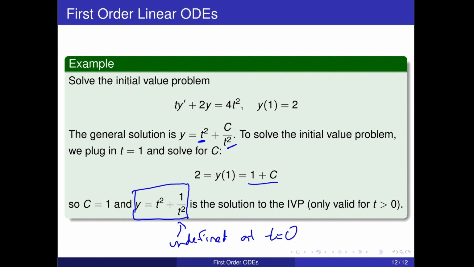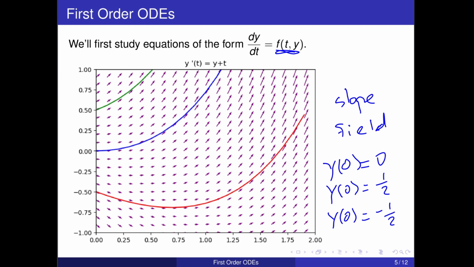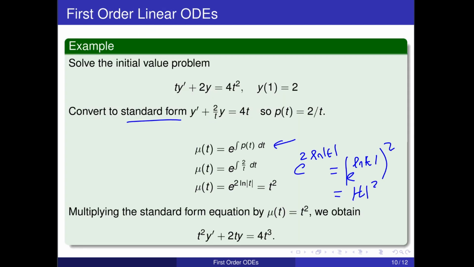And we want a connected domain because of this whole idea back with the slope fields here. The information we're getting from this differential equation comes from us sort of following along these arrows. But if you go to a vertical asymptote off into infinity, you don't really have any more information that you can follow. Right? So certainly there are solutions that are defined for negative values of t. They're just not really related to the initial value problem we started with.